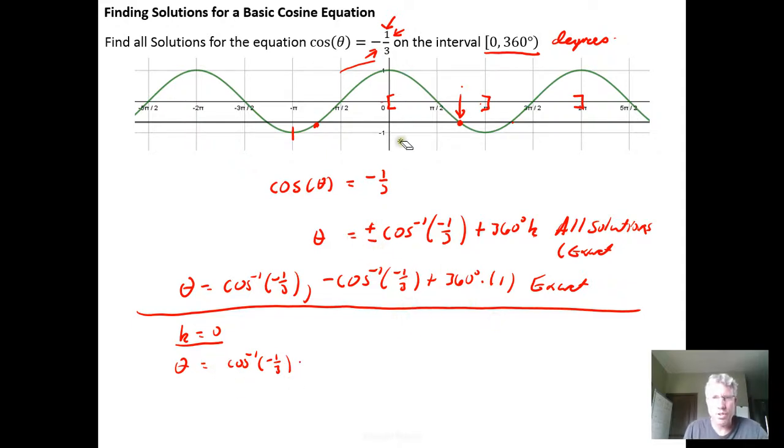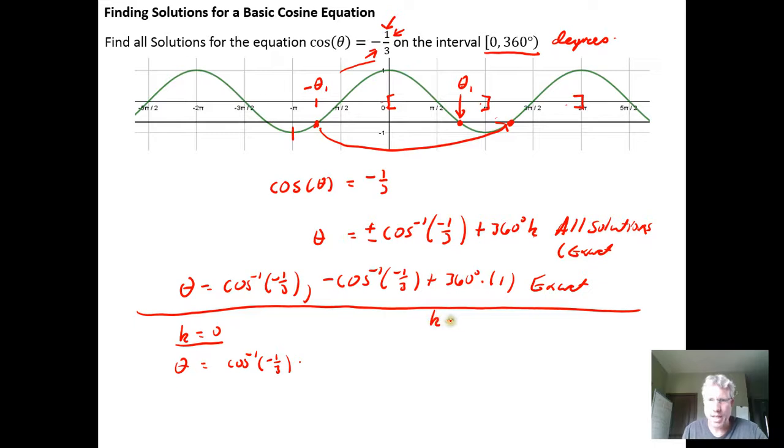The other solution is going to be from taking the opposite of this. Here's theta sub 1. Here's the opposite of theta sub 1. And we're going to need to add something to it to get from this point over to this point here, which is a period away, but on the interval from 0 to 2 pi.